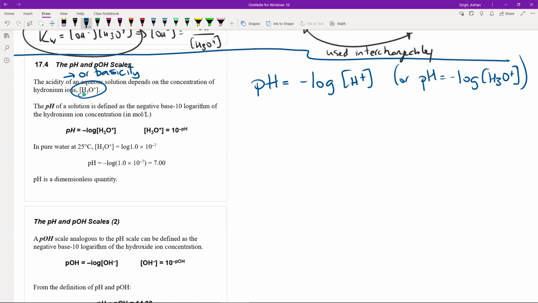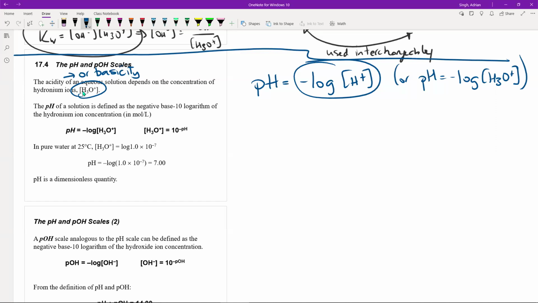This is very important when we look at pHs because this is a logarithmic scale, a logarithmic calculation that we're doing. So something that has a pH of 1 versus something that has a pH of 2, right? That doesn't mean that there's just a 1 pH difference between them. In terms of the concentration, it's 10 times more concentrated in terms of the H plus.